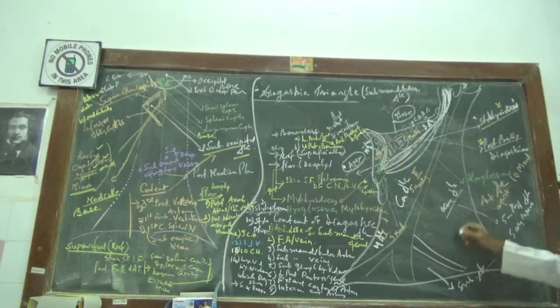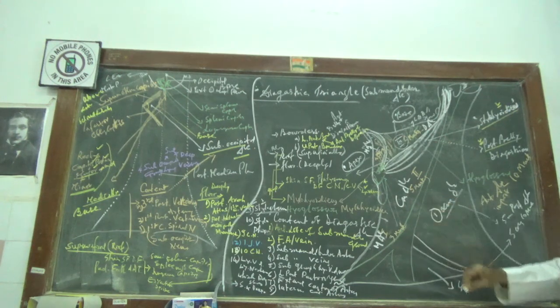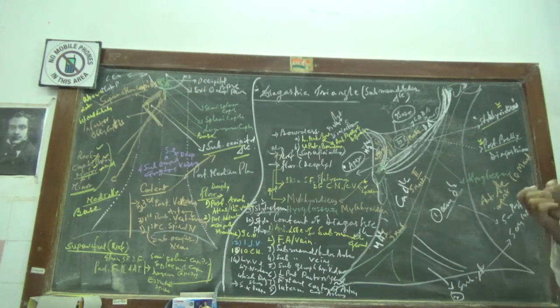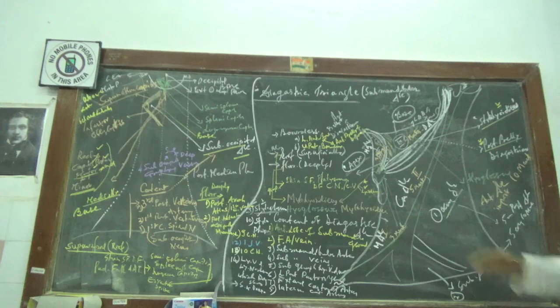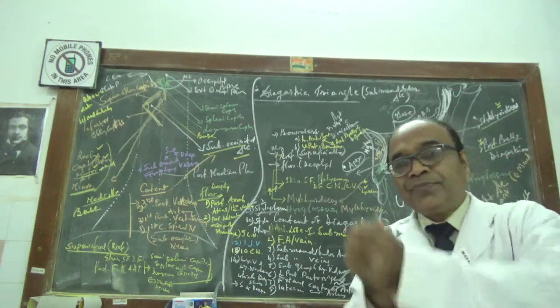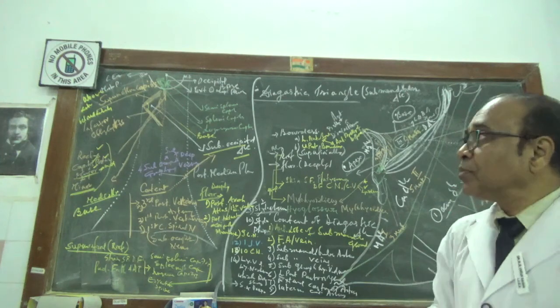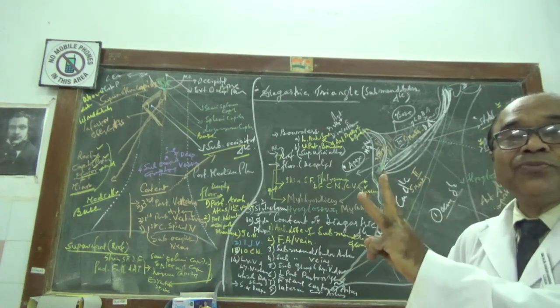In the posterior you have two: the occipital triangle and the subclavian triangle. So these four, these two, six, and that seven. These seven triangles are important. Suboccipital triangle is important for three marks.